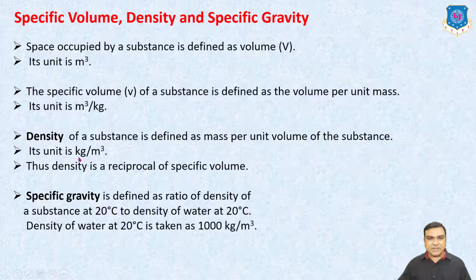Its unit is kilogram per meter cube. Thus, density is the reciprocal of specific volume. Specific gravity is defined as the ratio of the density of a substance at 20 degrees centigrade to the density of water at 20 degrees centigrade. The density of water at 20 degrees centigrade is taken as 1000 kilograms per meter cube.